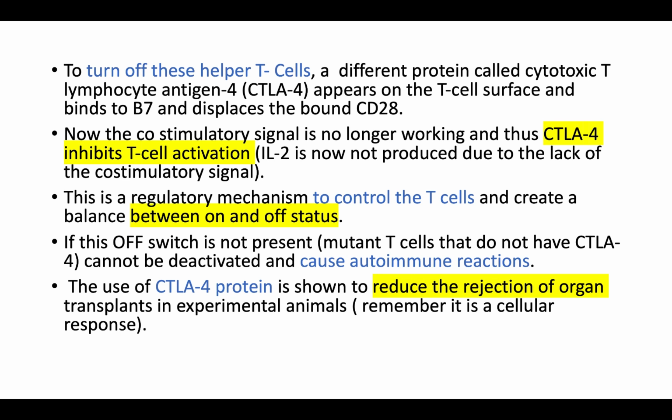So with CTLA4, I turn them off. I remove CTLA4, I turn them back on. So this is what we use CTLA4 for, to reduce rejection of organ transplant. If you have activation, it will be turned off and it will further delay the activation against the graft.